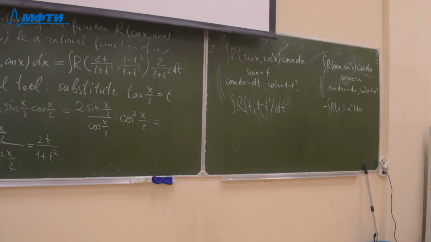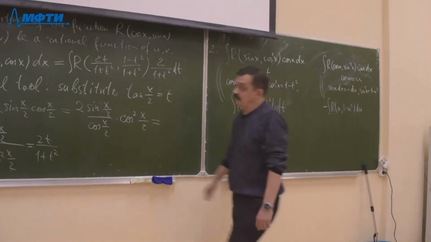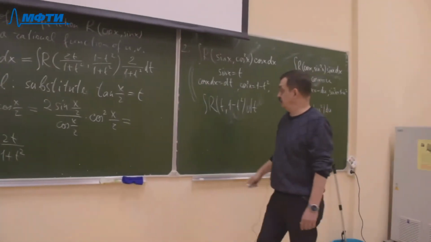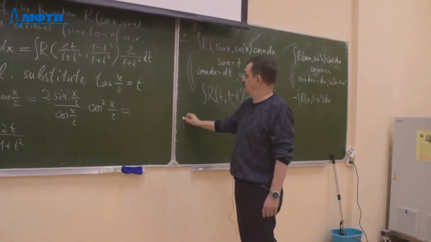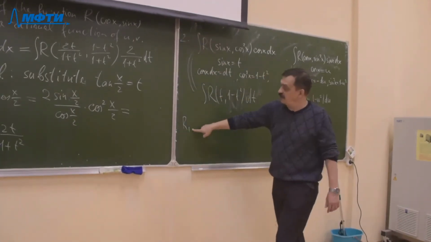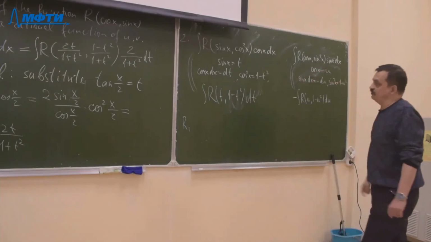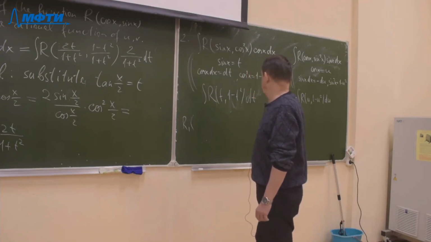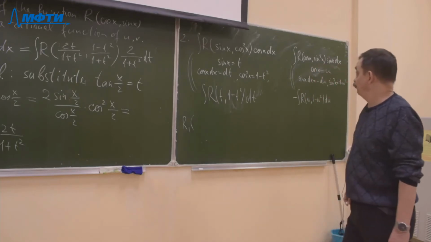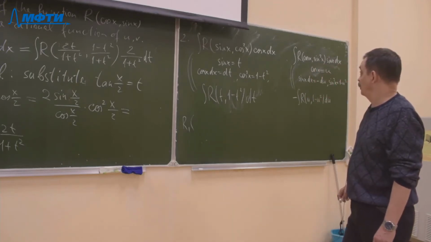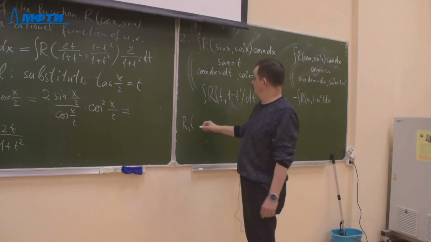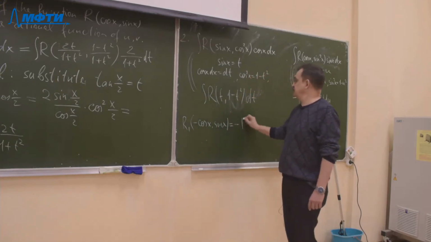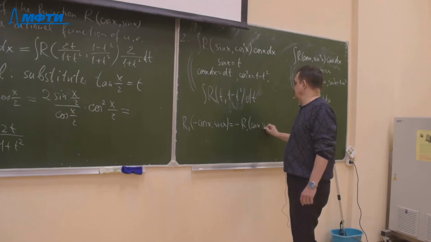And this also, like here, when it works, you can represent your function r1 in this form if r1, let's say, if you substitute minus cosine, sine, then you have minus r1 of cosine, sine.